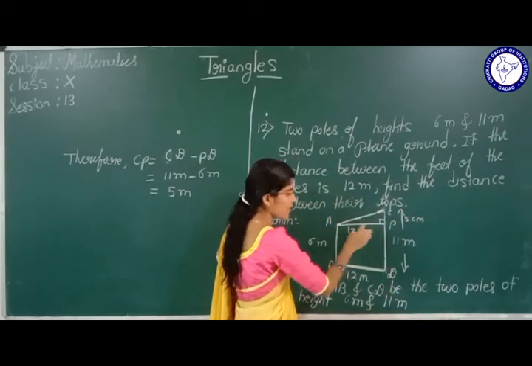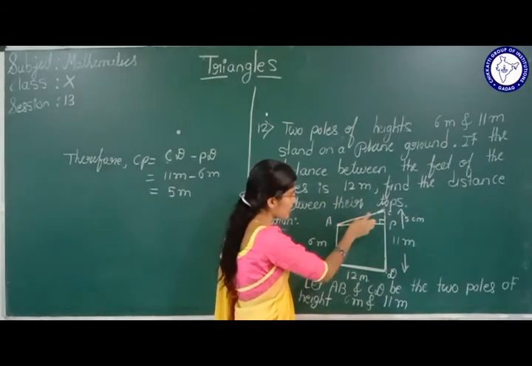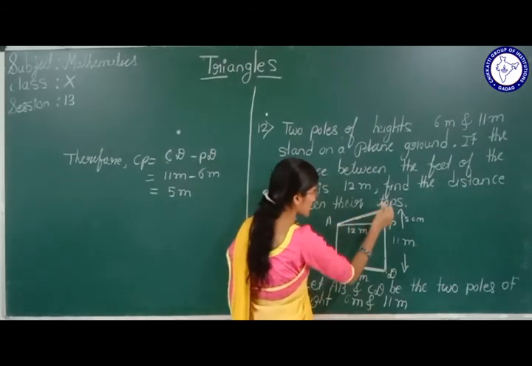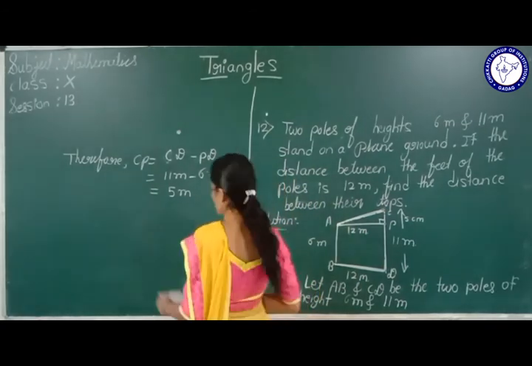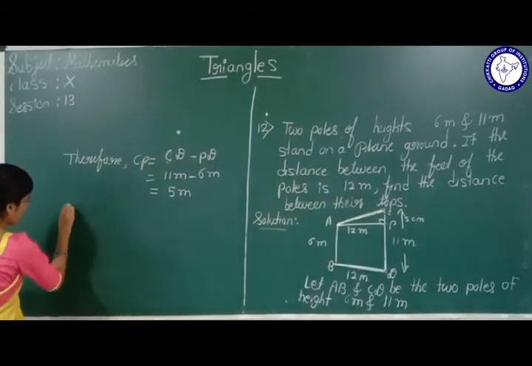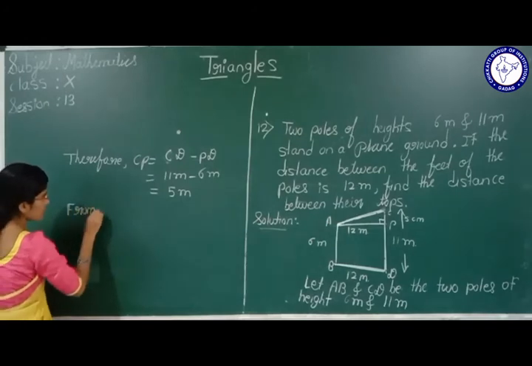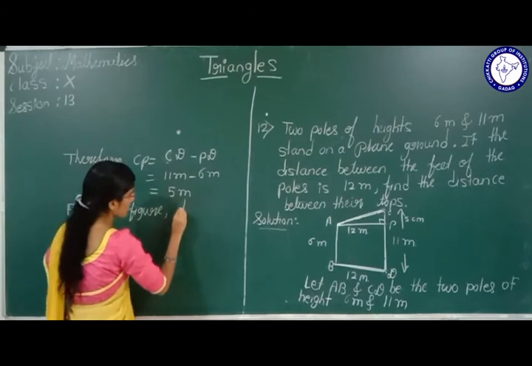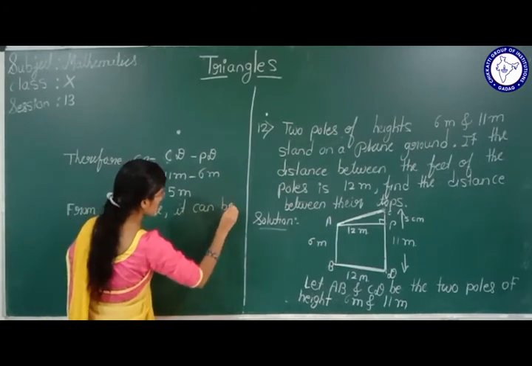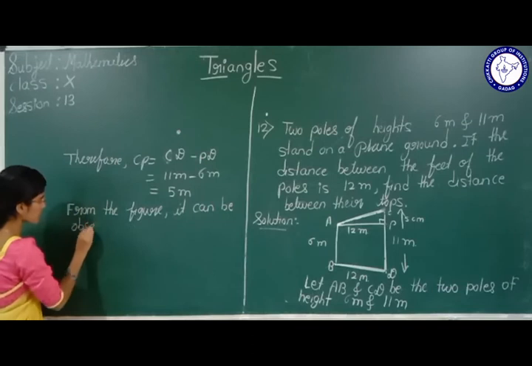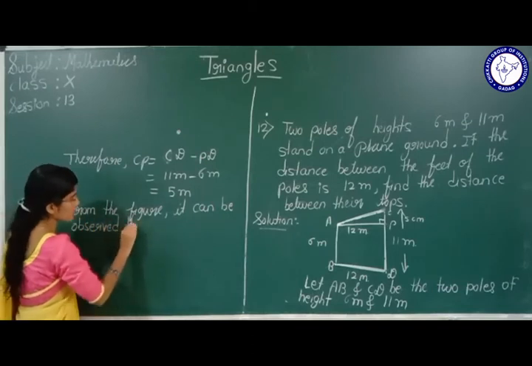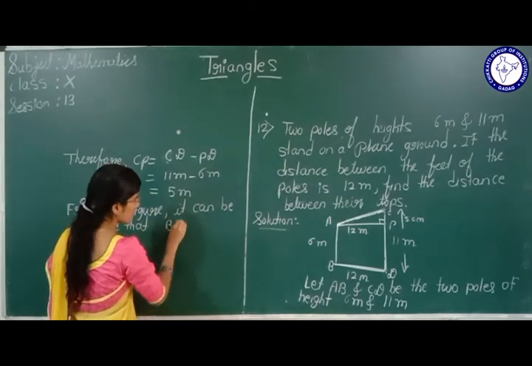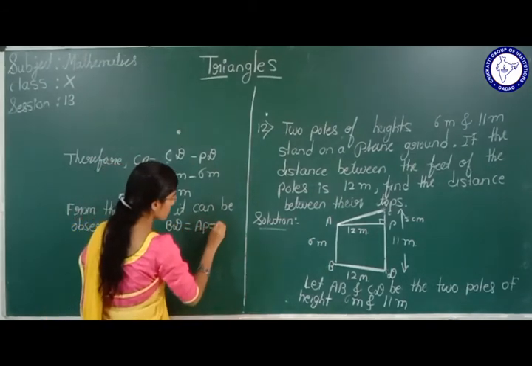Now can we apply here Pythagoras theorem? Yes, by applying Pythagoras theorem to triangle APC, we can find out the length of AC. Yes? From the figure, it can be observed that BD is equal to AP is equal to 12 meter.